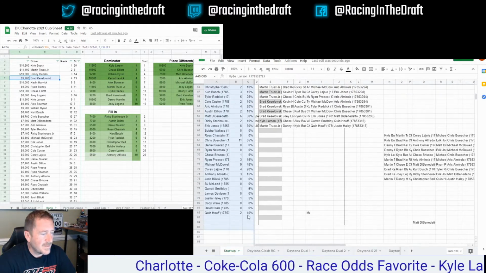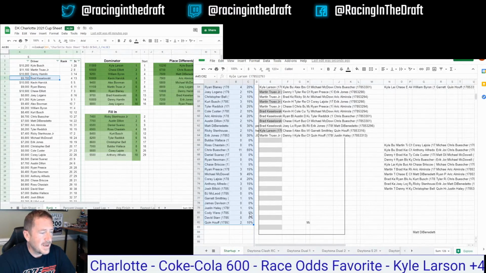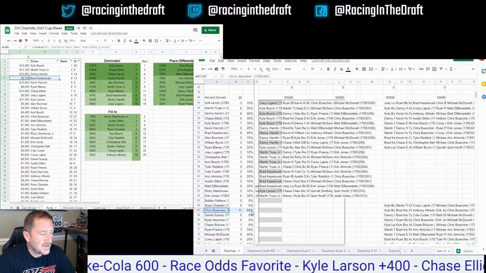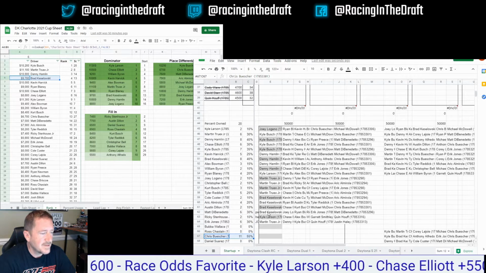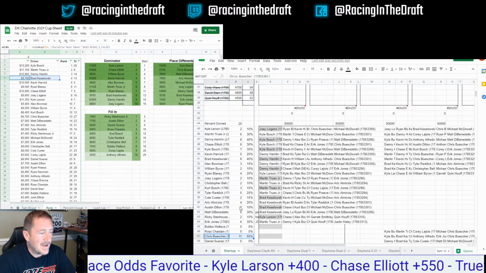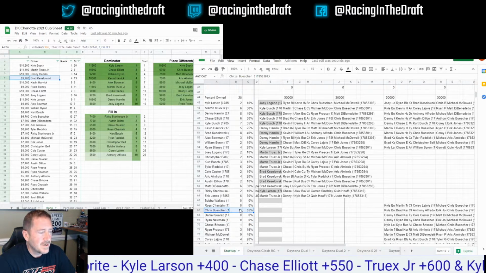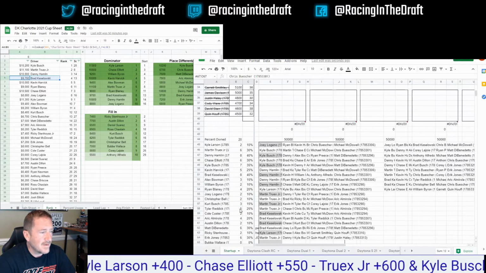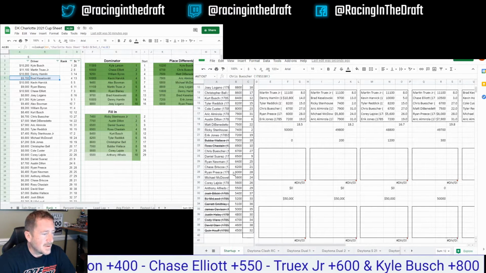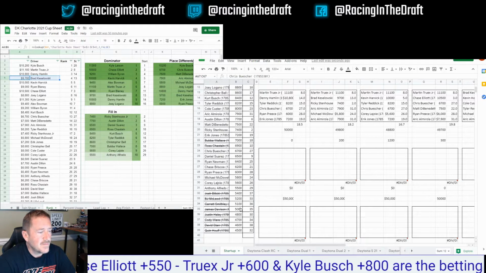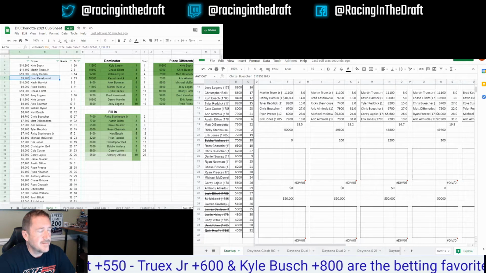So at that point I can then take a look and go, okay, who am I heaviest on? Well, I'm heaviest on Chris Buescher in 55% of my lineups. So half my lineups could easily get destroyed or ruined if Chris Buescher ends up wrecking out earlier. But since he is starting 27th, the worst he will lose is 9 or 10 points.